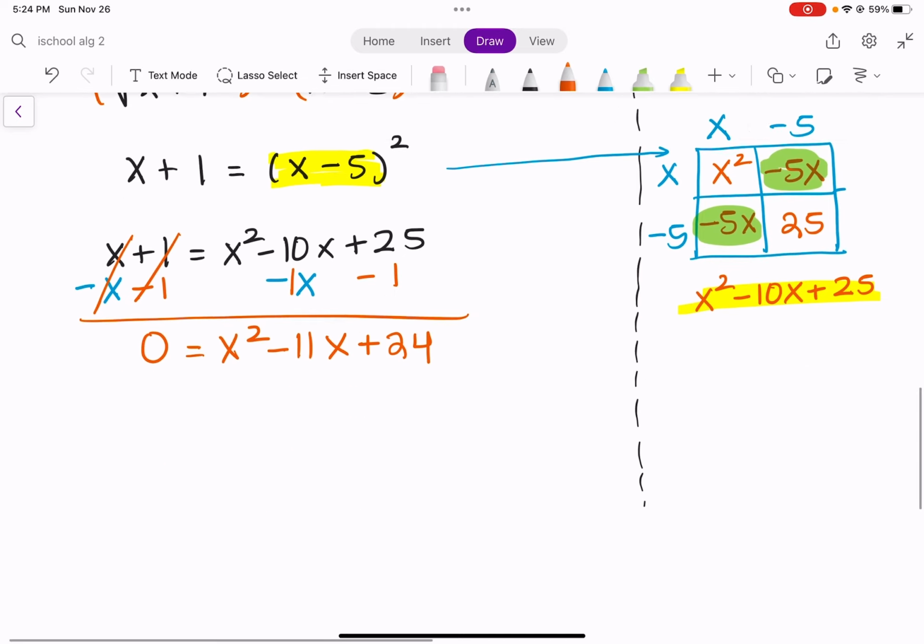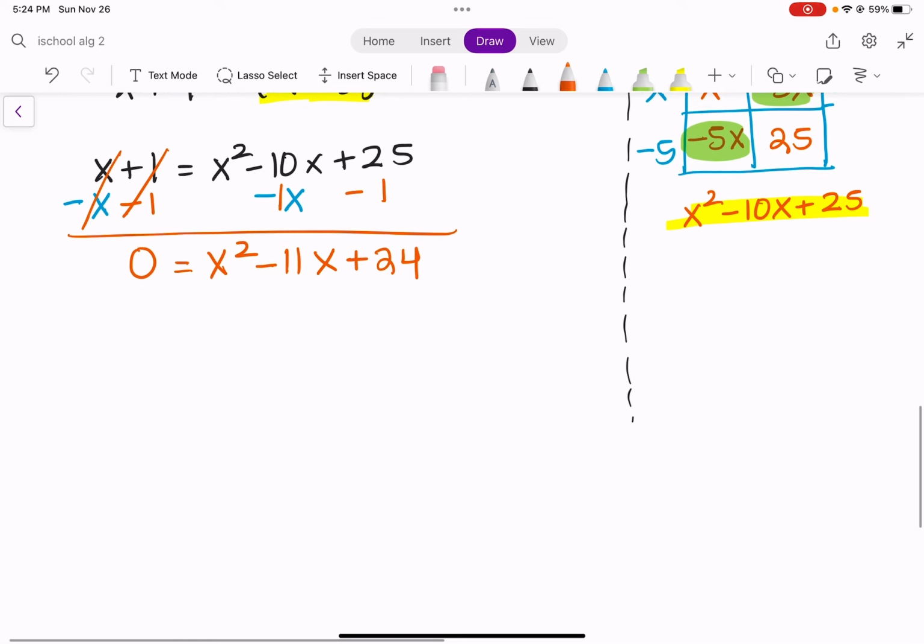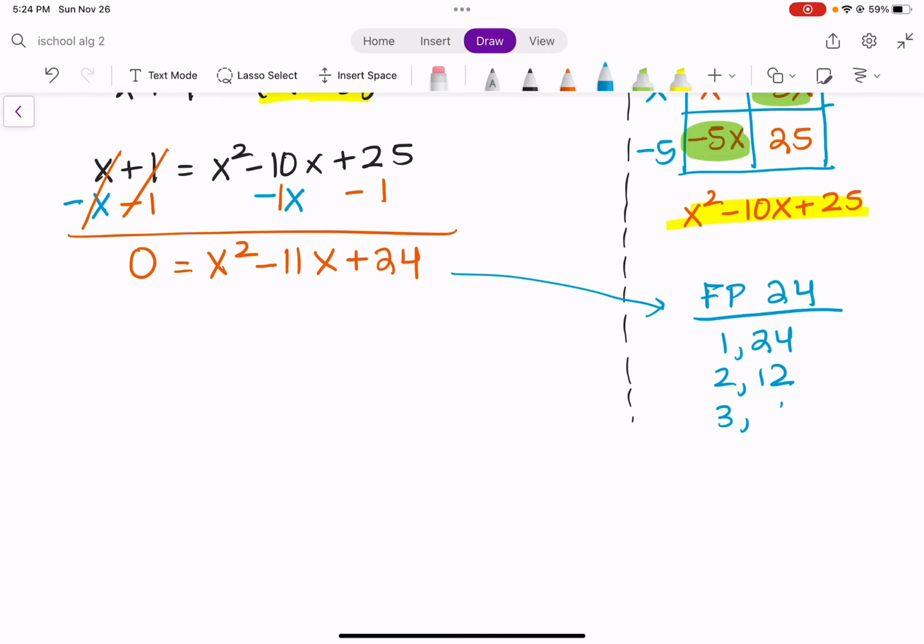Because everything canceled out. Now, in order to solve this equation, this is what we talked about in the last unit. You could use quadratic formula, but that's going to take you a long time. And if you notice, we can actually factor this. So we're going to find the factor pairs of 24. We have 1 and 24, 2 and 12, 3 and 8, 4 and 6. To get negative 11, that's going to be 8 and 3. And both of them have to be negative because negative 3 minus 8 does give us negative 11.